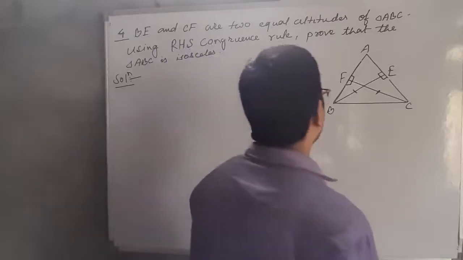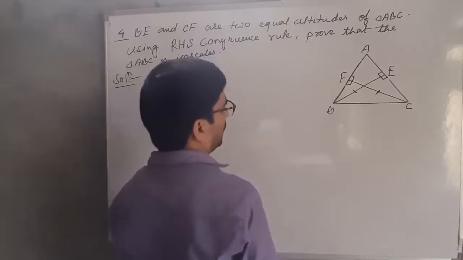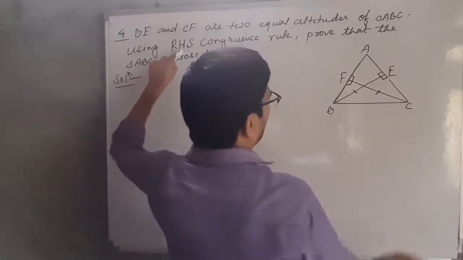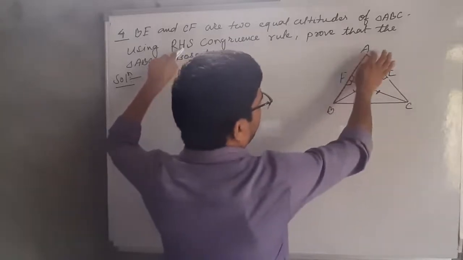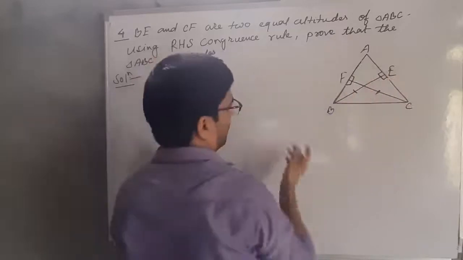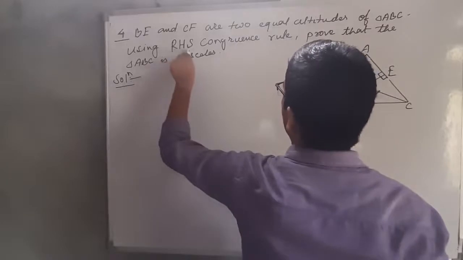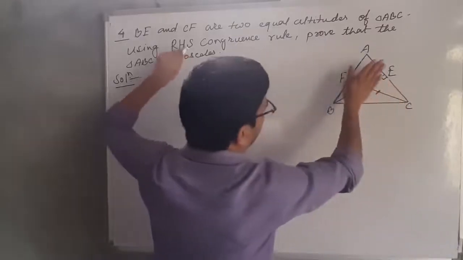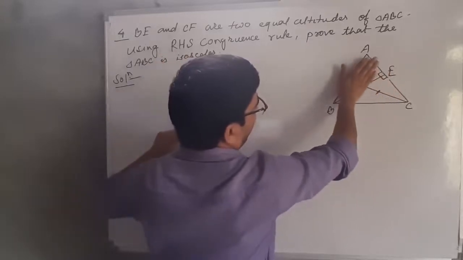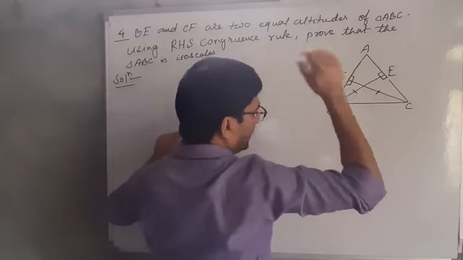Now we can do this in two different ways, but here the RHS rule we have to use. By taking triangle ABE and triangle ACF, we can prove, but this will not be according to RHS. In ABE and ACF, BE equal to CF, that is given.